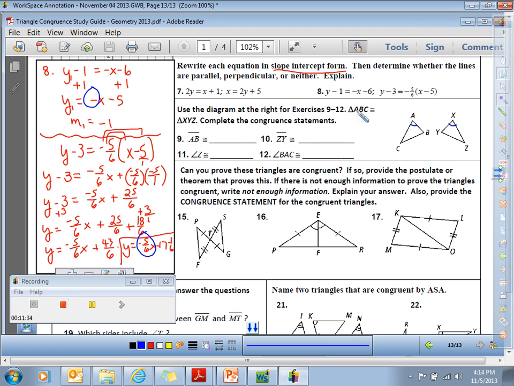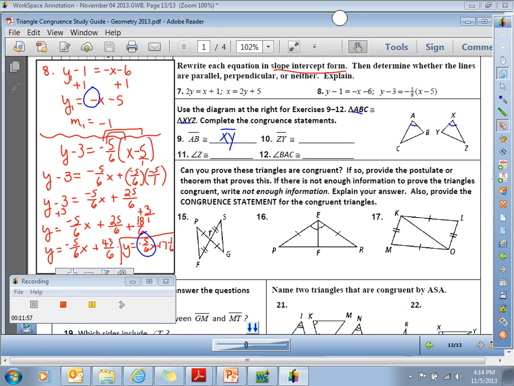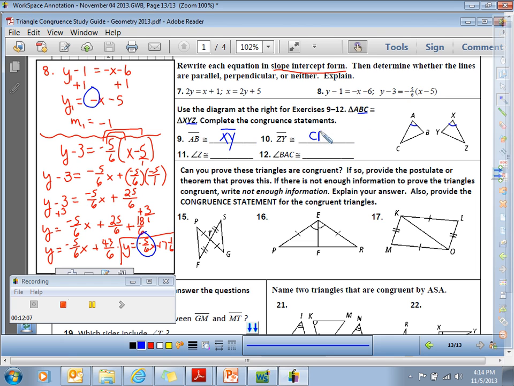Okay, so segment AB, you can look at the picture, but it's a lot easier to look at the congruent statement. AB is congruent to segment XY. ZY, segment ZY is congruent to segment CB.